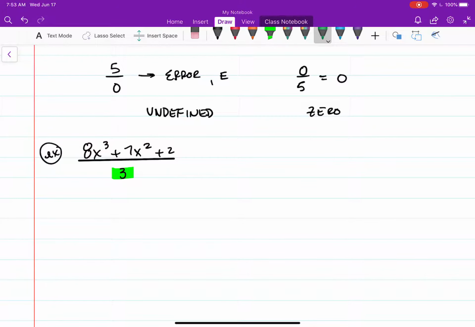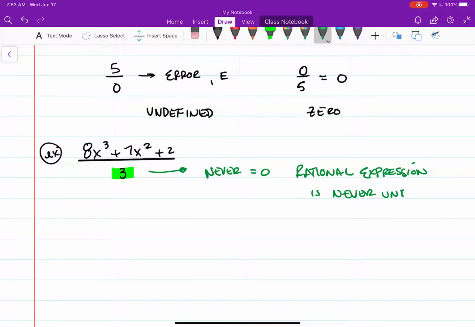So when we're looking at this, we're saying when will 3 become 0? And the answer is never. 3 is 3. So this will never equal 0. Therefore, this rational expression is never undefined.